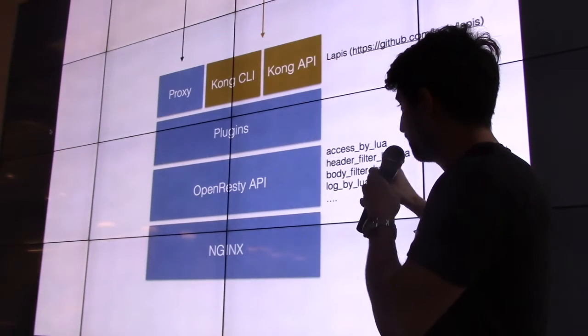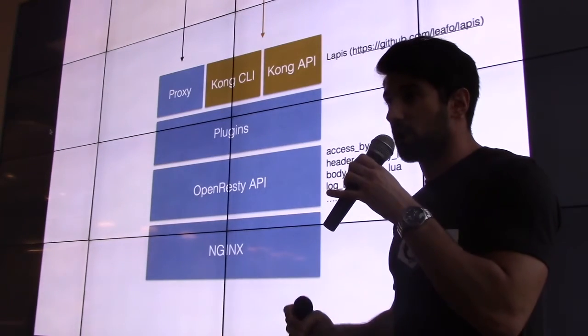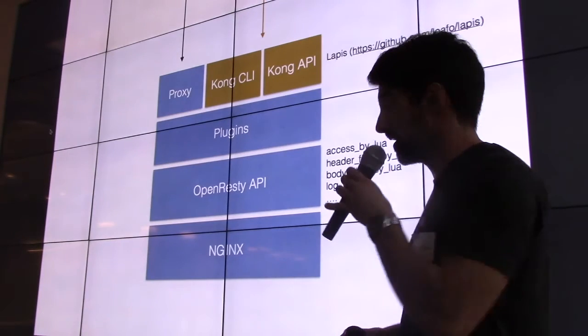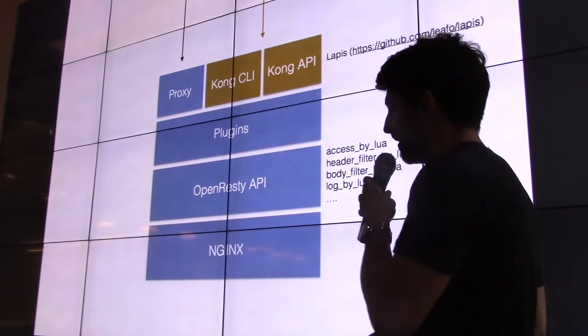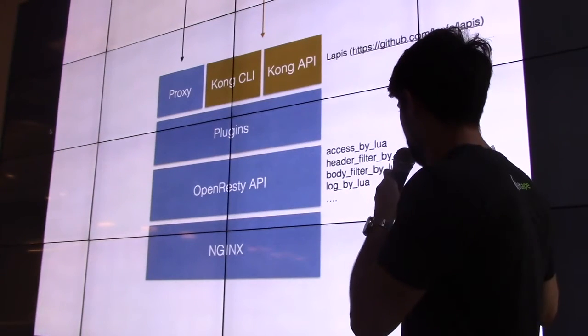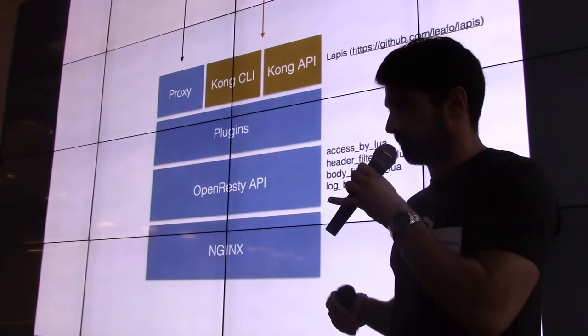And the plugins themselves will leverage the OpenResty API to change requests, responses, and do any kind of logic that needs to be done. And that's done by hooking into the OpenResty events like Access by Lua, Header Filter by Lua, Body by Lua, Log by Lua, etc.